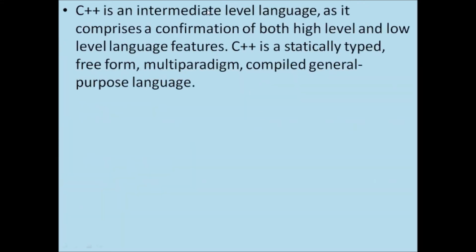Next, C++ is also called an intermediate level language. Why is it called an intermediate level language? It works between high level language and low level language. We know that there are different kinds of low level, high level and machine level languages. C++ works as an intermediary between the high level language and the low level language.